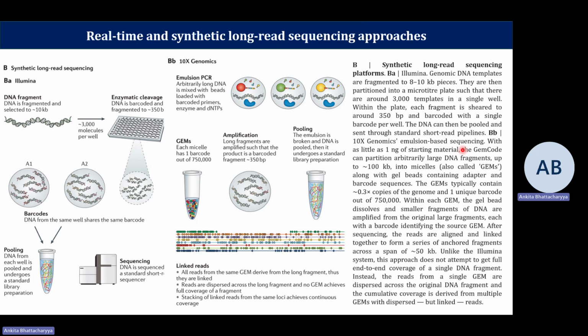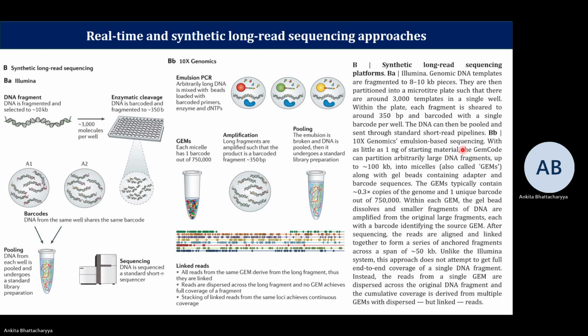After sequencing, the reads are aligned and linked together and they form a series of anchored fragments across a span of 50 kilobases. Now, this does not attempt to get full end-to-end coverage, but instead what you see is a single GEM for which the reads are dispersed across the original DNA fragment. And overall, the coverage that you get is derived from multiple GEMs with dispersed but linked reads.